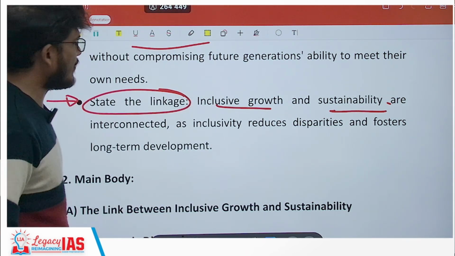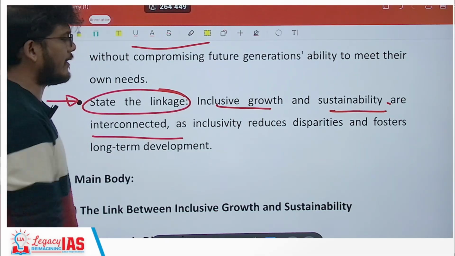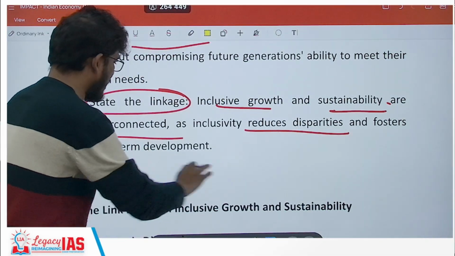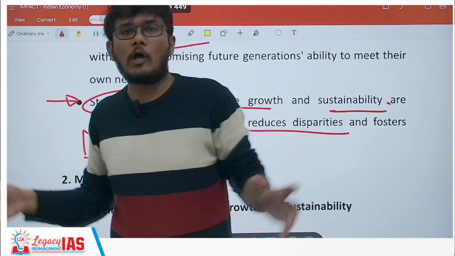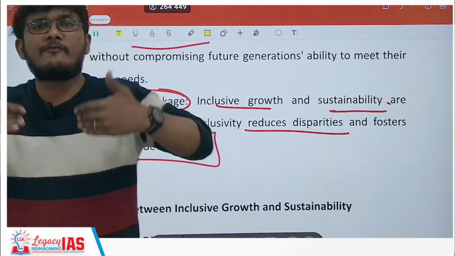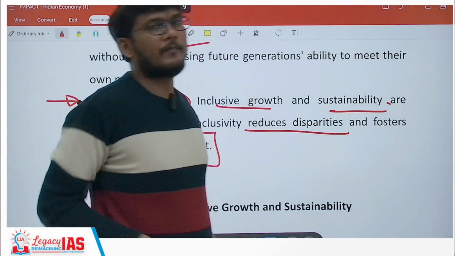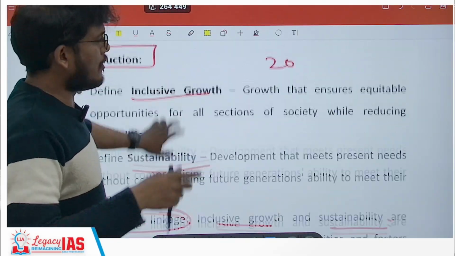The linkage between inclusive growth and sustainability, how they are interconnected, how inclusive growth reduces disparities and helps in long-term development and overall development, so the economy will be more robust and hence more sustainable. So with this we can set the tone and the platform of the answer.